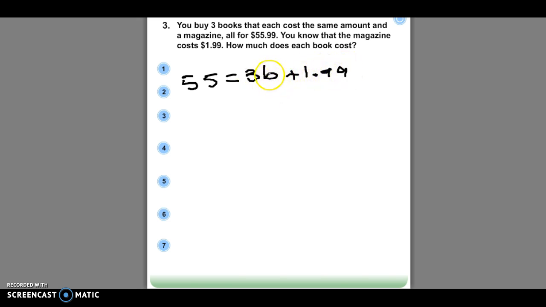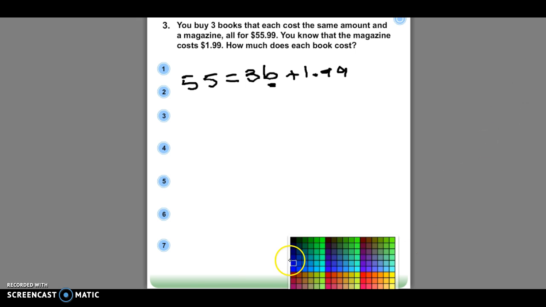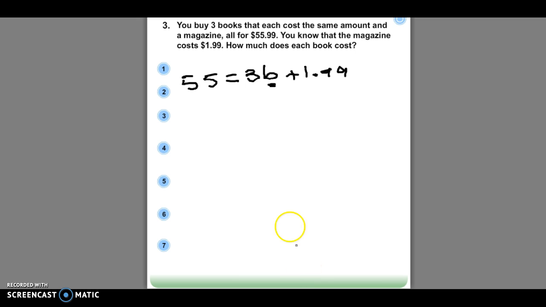And from there you can go ahead and solve the equation to find the cost of 1 book. Let's switch colors. So here you want to subtract $1.99.